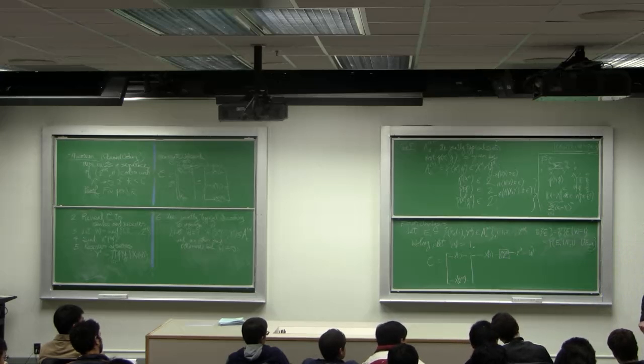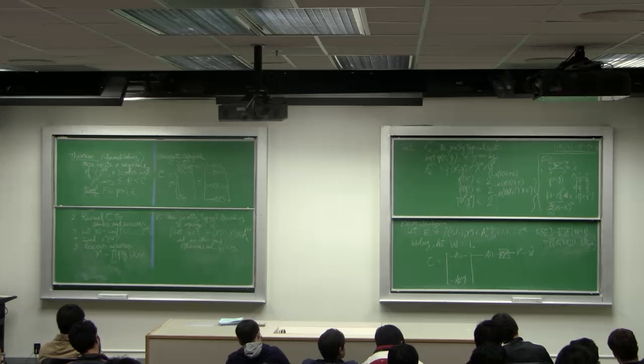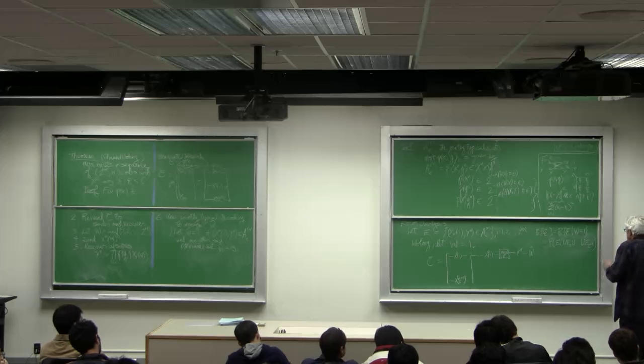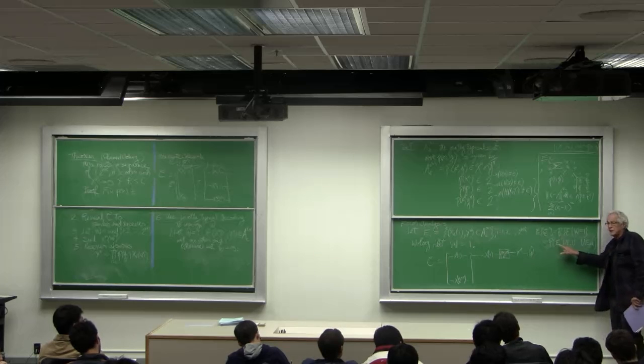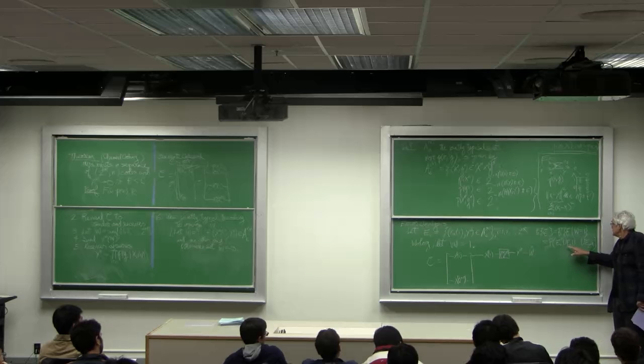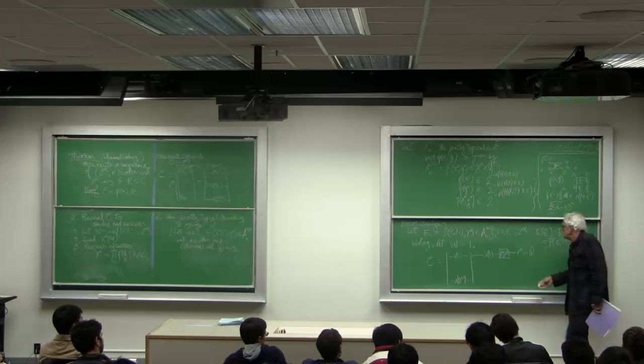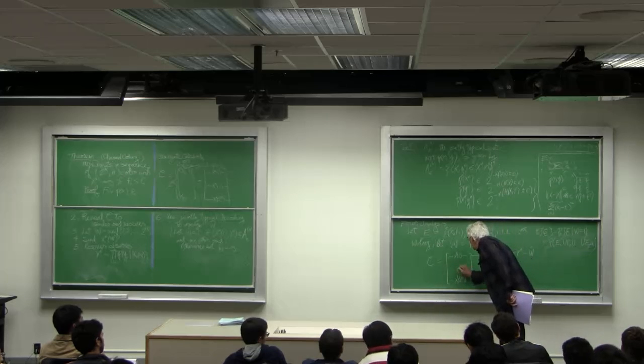I put X into a channel and I get an untypical output. Probability of that is arbitrarily small, but that's one of the possibilities for the error. Now, what about E2 or Ei?